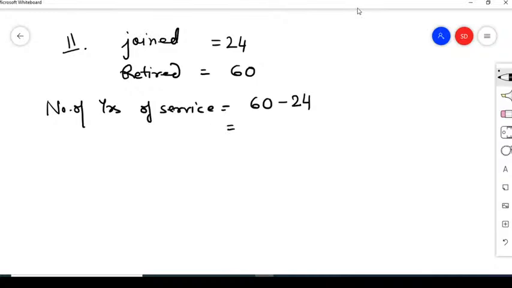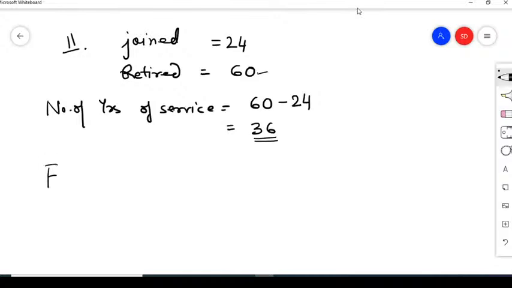So that is equal to 36 years of service. And they have asked what fraction of his age till retirement was his job. So his job was for only 36 years and he is now 60 years.